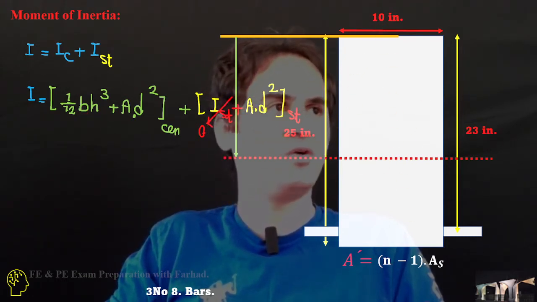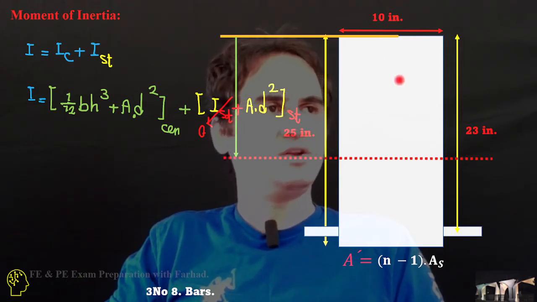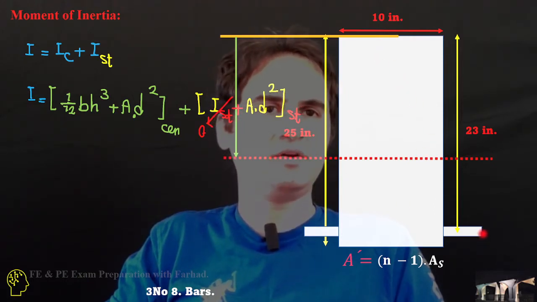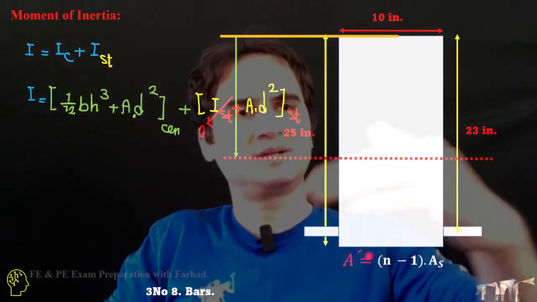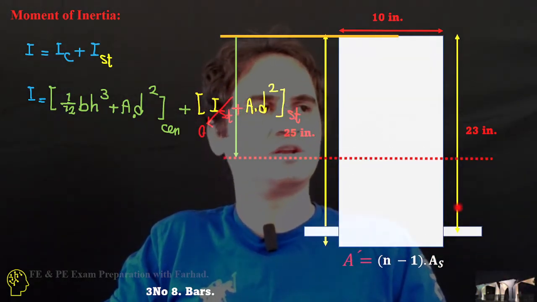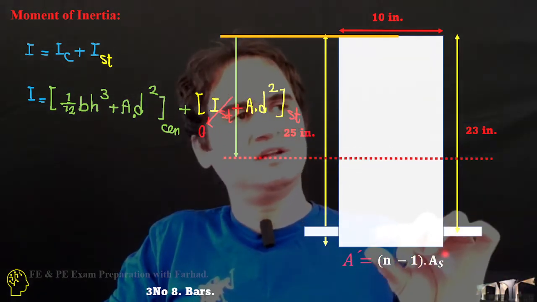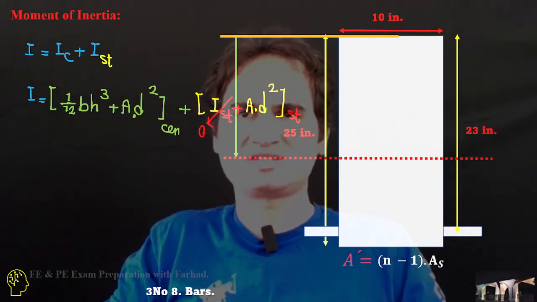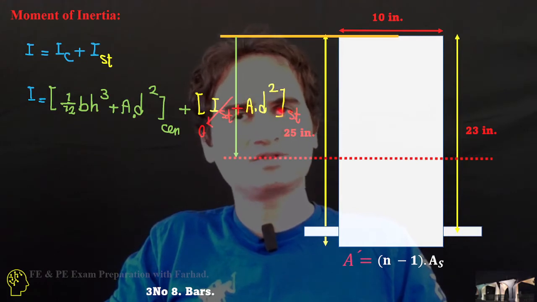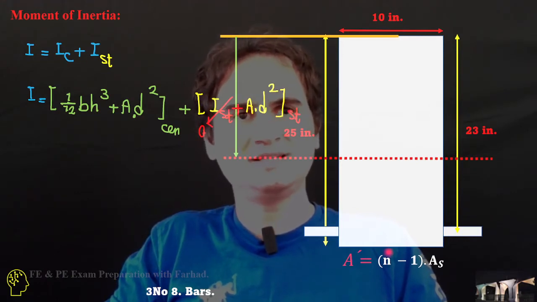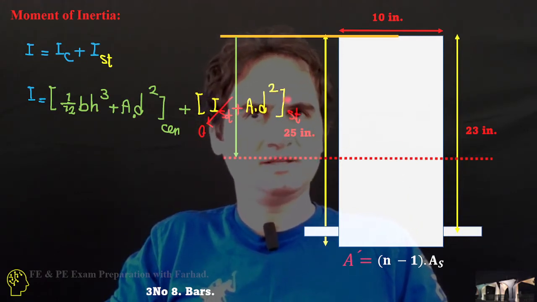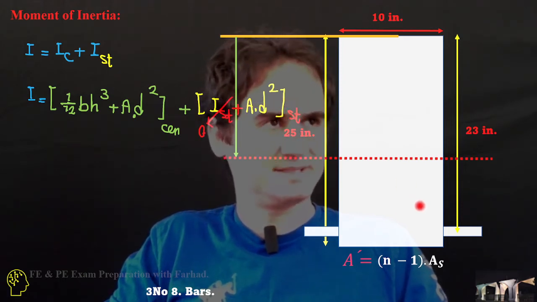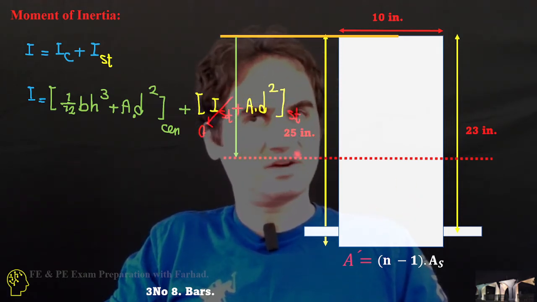You can see how large that number would be compared to this small area about the x-axis. That's something we can ignore, so it's almost zero. But A d squared, in terms of the distance to the centroid, we can consider that part.